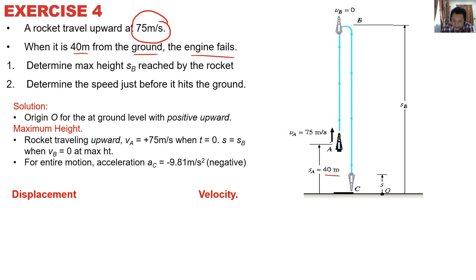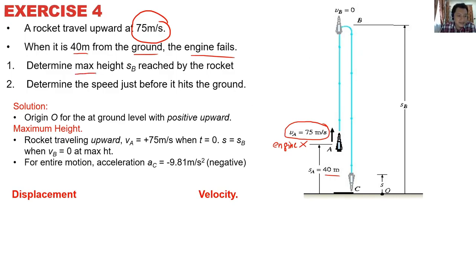Originally it has an engine; 40 meters above the ground, no engine. So it is traveling at the original velocity only. There is no additional power or additional force driving the rocket going up.